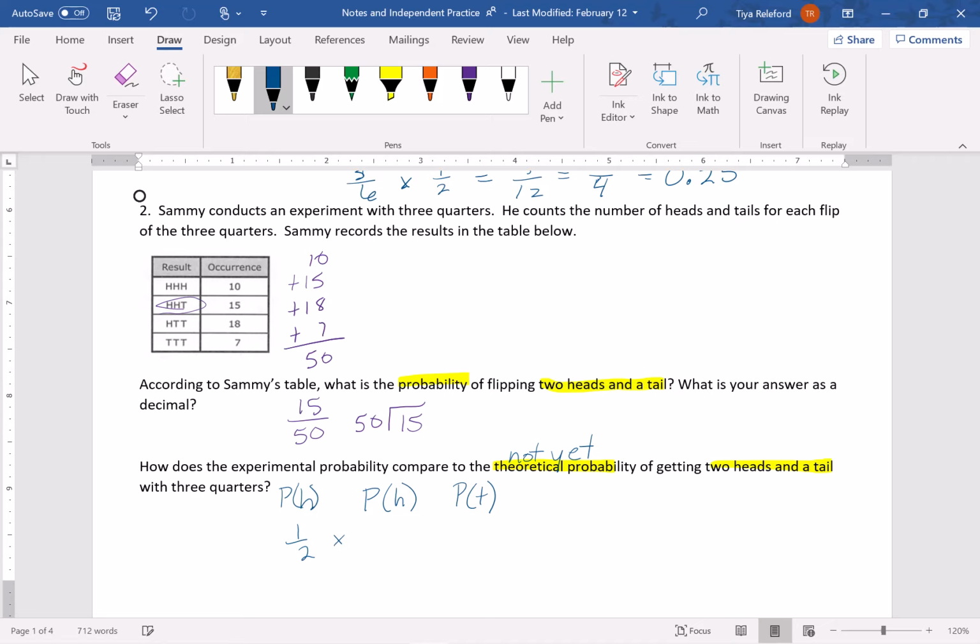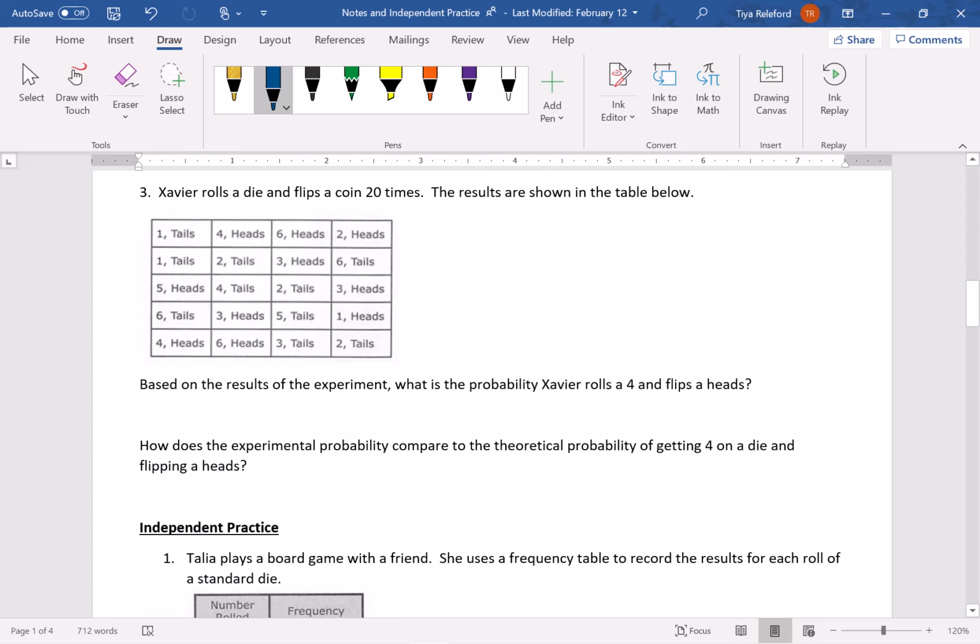So if we multiply all of those together, what do you get? And then make sure that you turn that into a decimal so that you can compare.